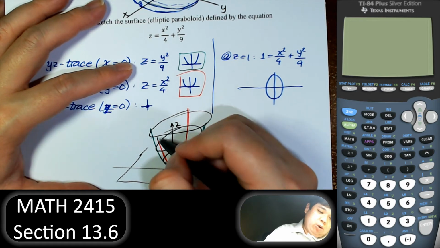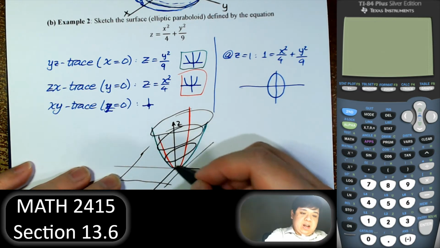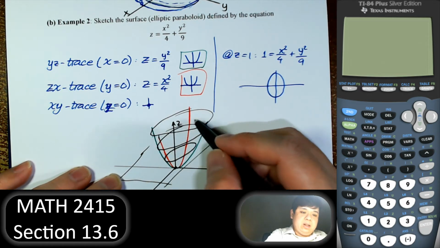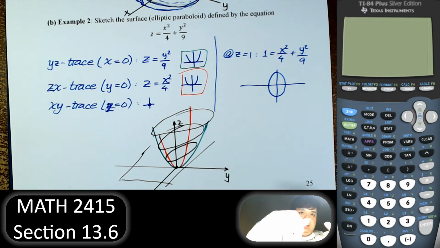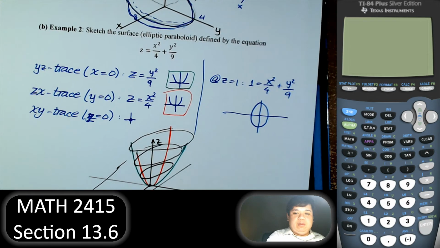Paraboloid. So each side is formed by the parabolas, and if we go around, we have concentric ellipses. Right, so that's what it looks like.